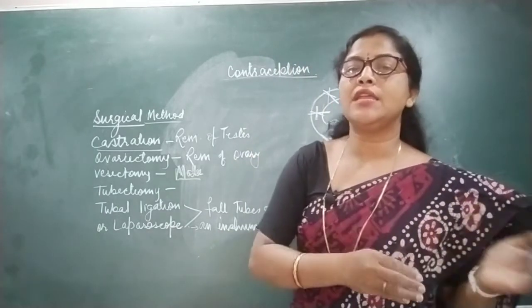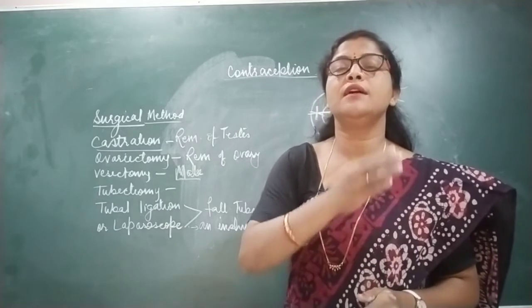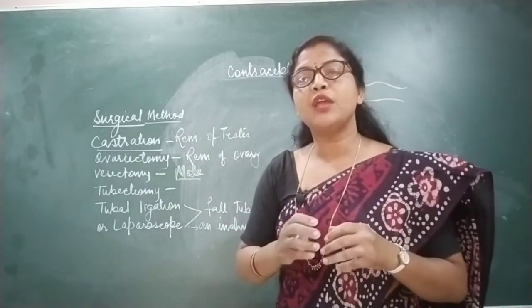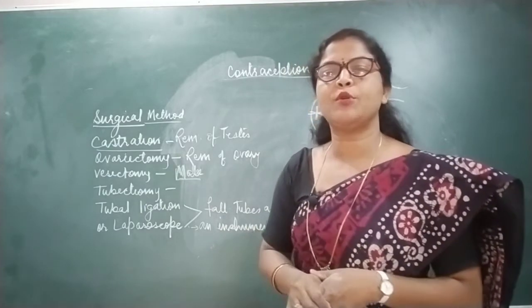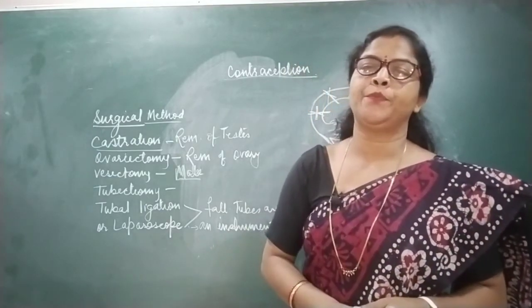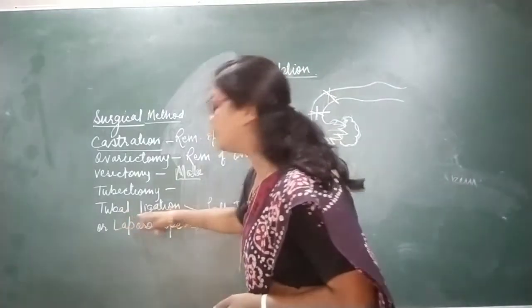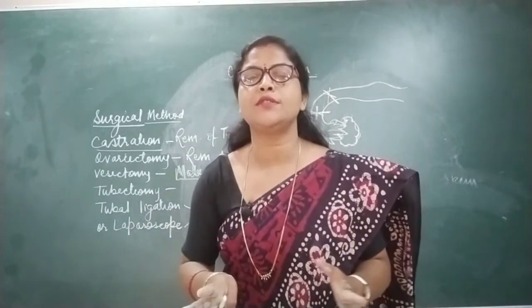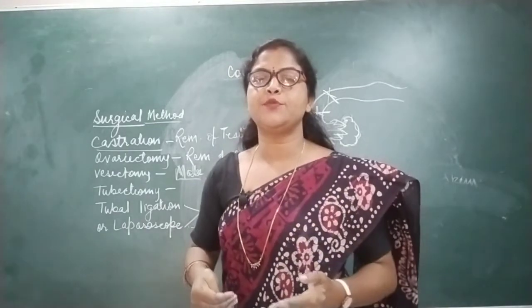Because of that, even after ovulation, the egg doesn't reach the part where fertilization takes place. The egg is released, but it cannot reach the part where fertilization happens. And what do we call this process? Tubal ligation. So I hope you people have understood this whole process of contraception.